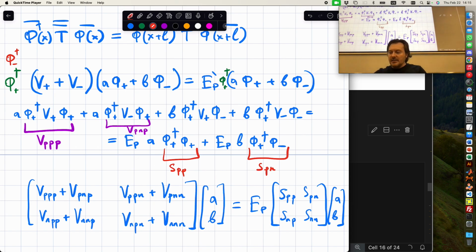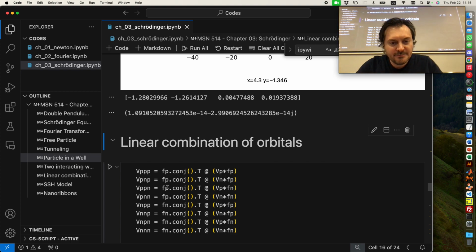Now, if you do psi plus dagger psi plus, what do you get? Actually, we know SPP exactly. 1. Because it's just a wave function dagger times wave function. Did you follow that? But the others are smaller. Just so happens that we have a code for it.